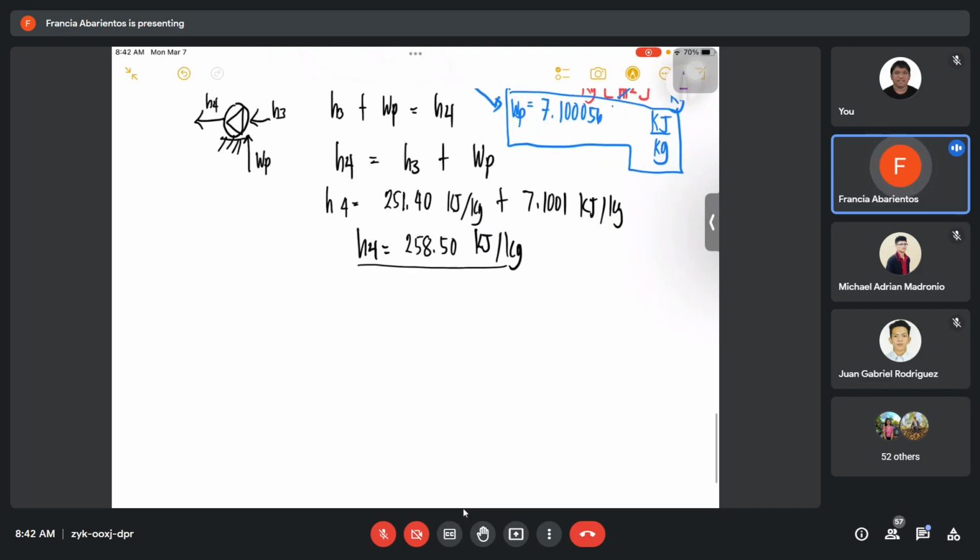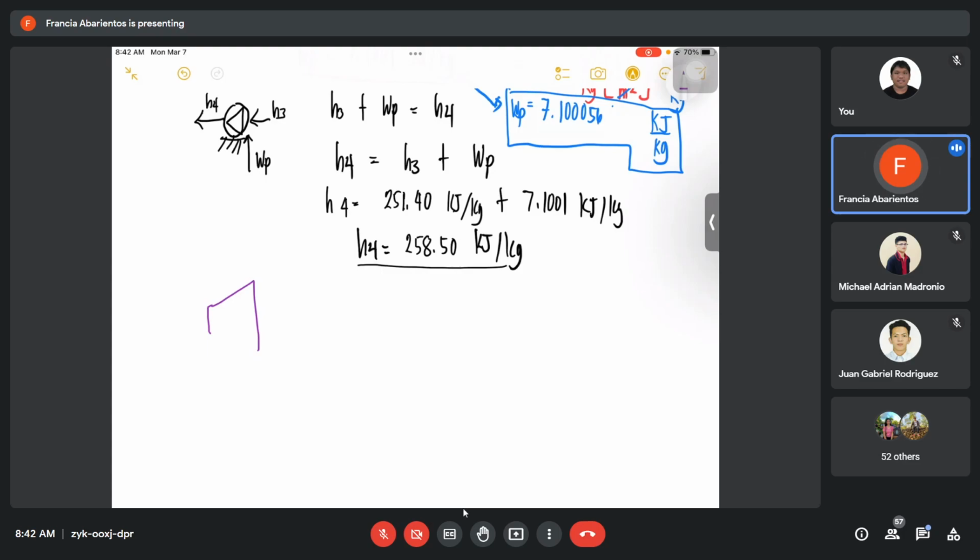We'll compute now for the work ng turbina natin. Entering. So, we have now the turbine.